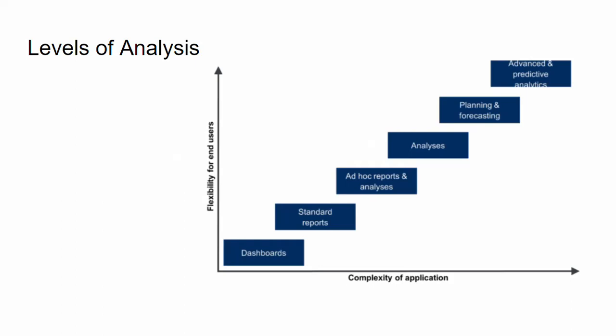You start from some simple number, identify the pattern, identify the issue, perform analysis, and come up with a hypothesis and action plans. So these are the things that you can do at each level of analysis.